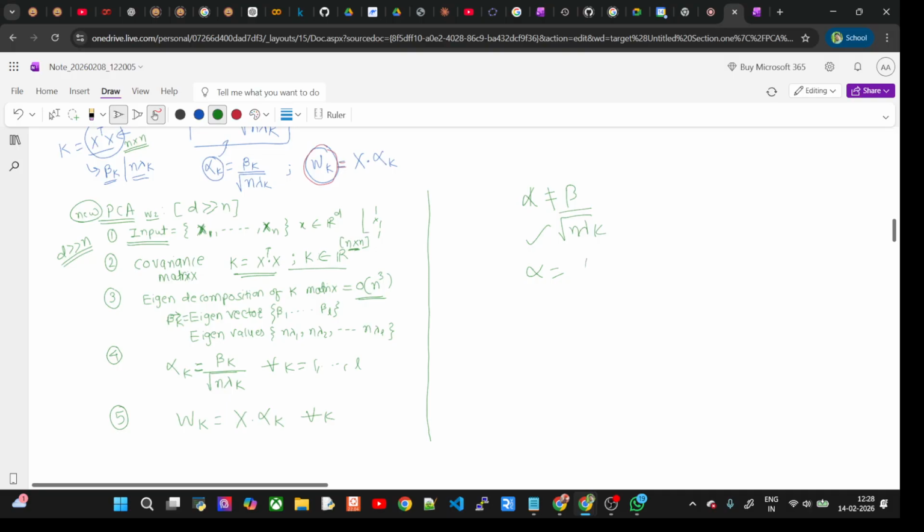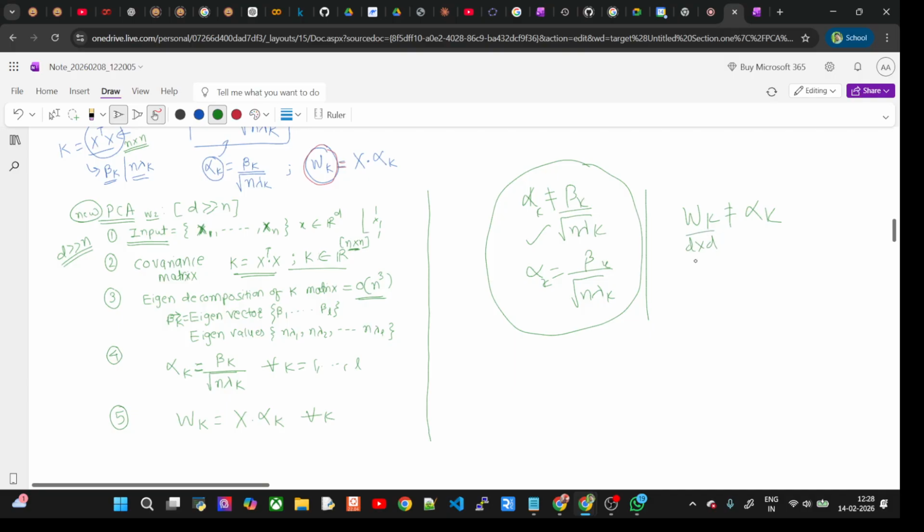Alpha is equal to beta upon n lambda k, and then the next step is that wk is not the same as alpha k. All are eigenvectors only, but they are at different states.